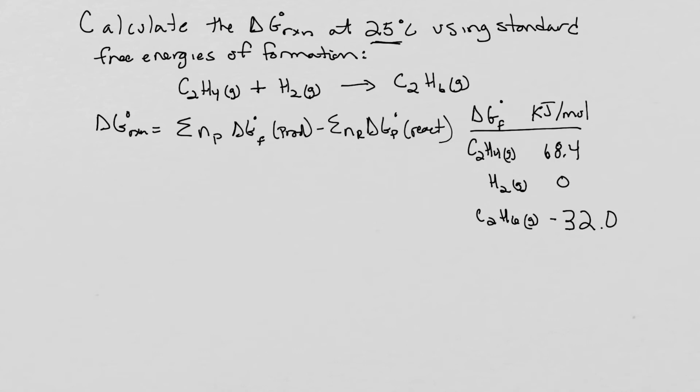So if we look over here, I have the values that you would find in the back of the book for all the species in our equation. If we go ahead and plug it in, I'm going to do the products and reactants separately and then just subtract them. So let's do the products first.